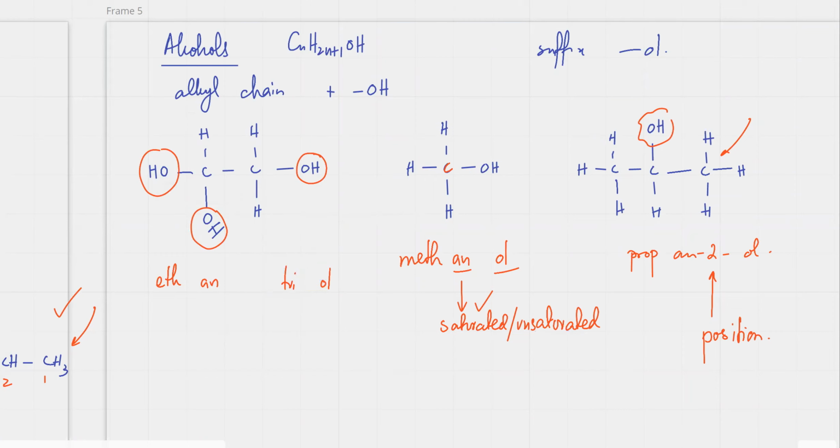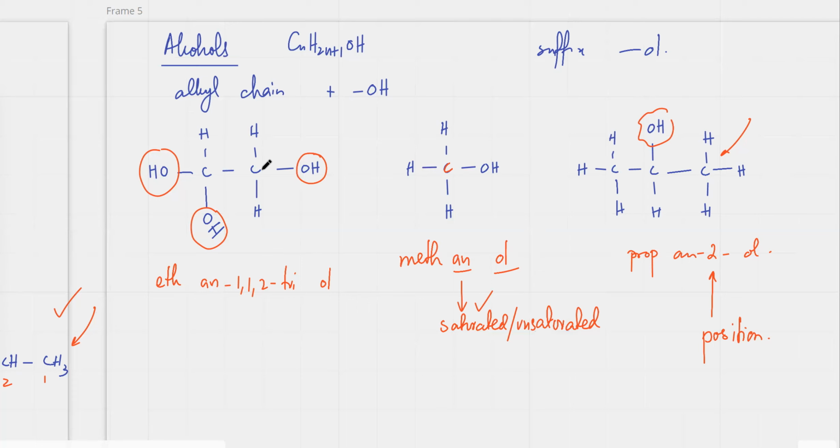This one is at 1, this one is at 1, this one is on the 2nd one. So it's going to be ethane-1,1,2-triol. It's got 3 OH groups. Triol indicates that there are 3 alcohols: 2 are on the first carbon, 1 is on the 2nd one.